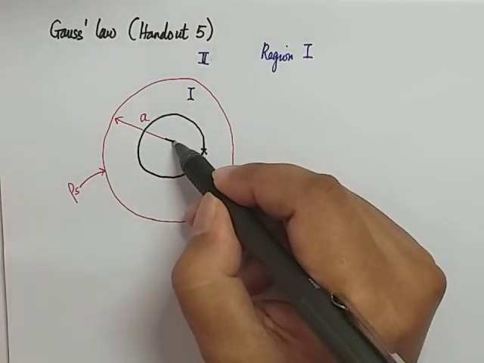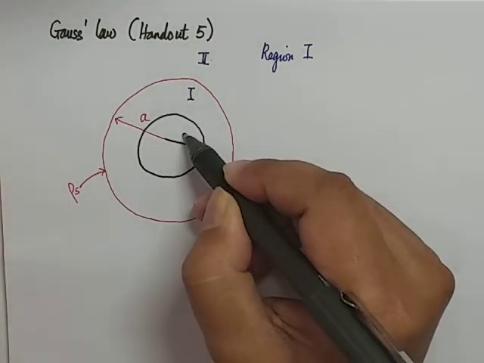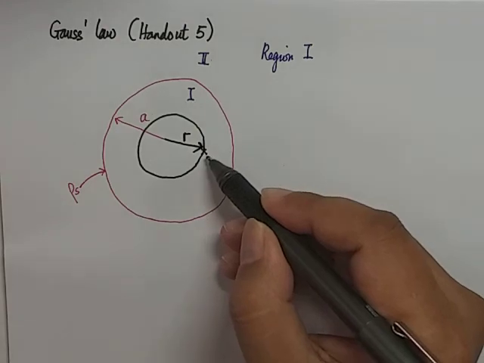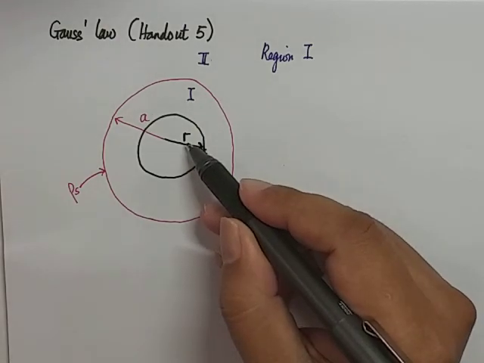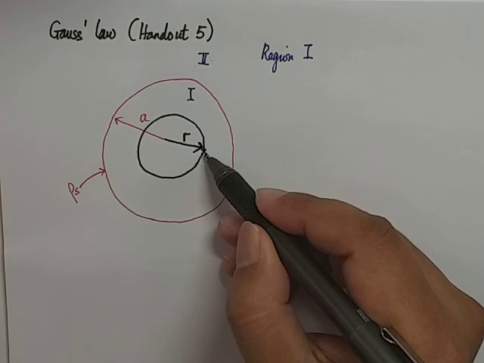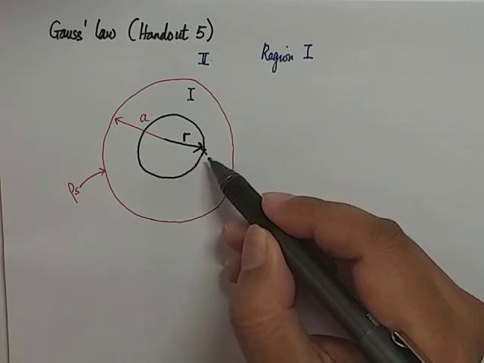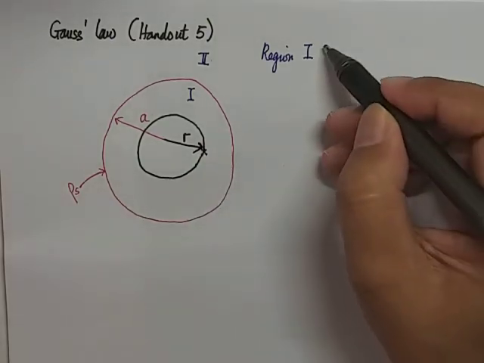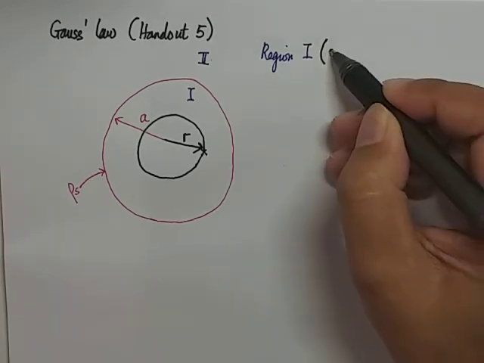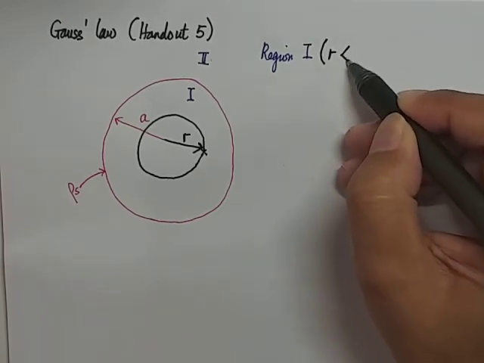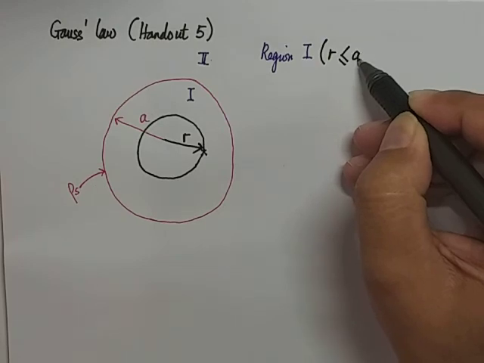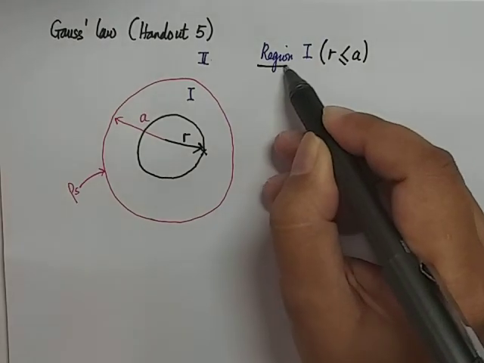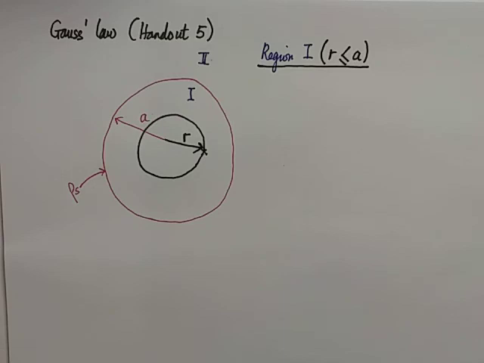But the radius now is given as r because the point here is not fixed. So r to show generality, meaning that this point can move within region number 1. So therefore, to define that clearly, r should be defined as smaller or equal to a. So therefore, that should be the definition of region number 1 based on our diagram. Okay, that should be step number 2.